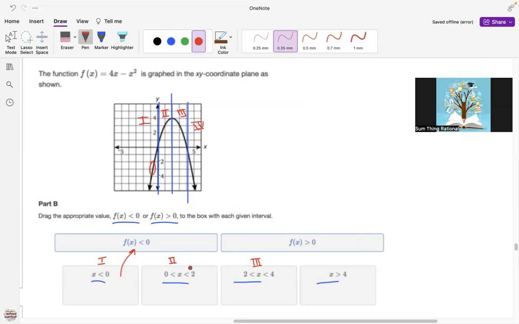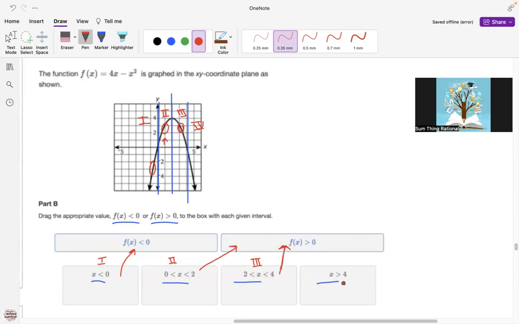In the second interval, your output is above the x-axis, so you need to put this where outputs are bigger than 0. When you come to the third interval, again the part of the graph is above the x-axis. You drag this to f of x bigger than 0.